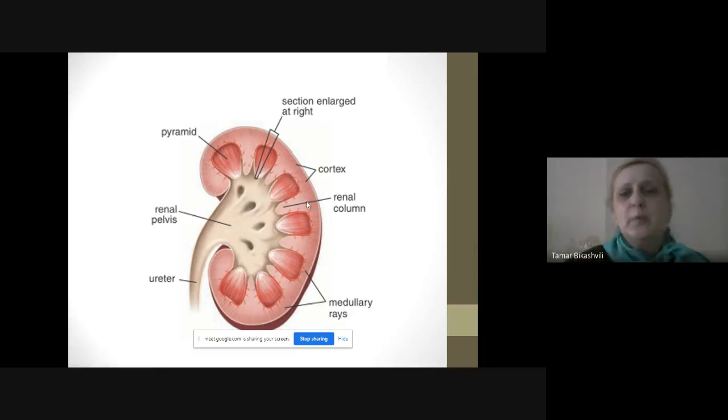And a pyramid with medullary rays, with the parts of the cortex, forms the renal lobes, and between the pyramids, this tubular part with the cortex forms the renal lobes and renal lobules here.